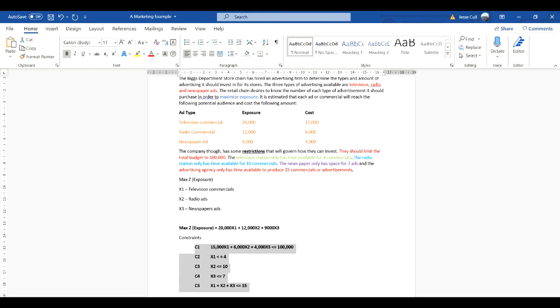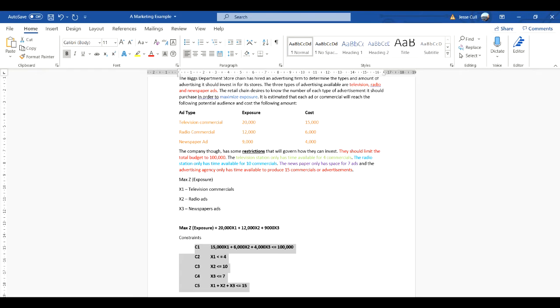And then we threw in one final situation that is again very common, because not everybody has an unlimited budget, and if you don't have an unlimited budget, the advertising agency cannot work for you in an unlimited capacity. So they can only produce 15 commercials and 15 advertisements.